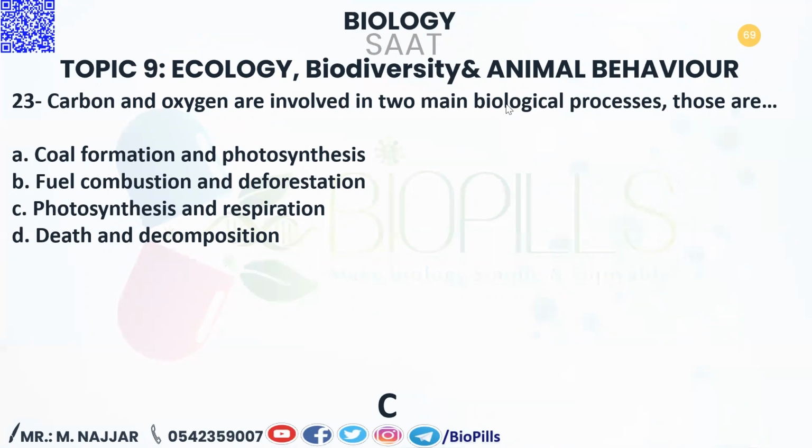The carbon will be used in the process of photosynthesis to build up biological molecules such as glucose, and the glucose will be broken down in the respiration process in order to release carbon dioxide plus energy plus water. So both of them are involved in those two main biological processes.